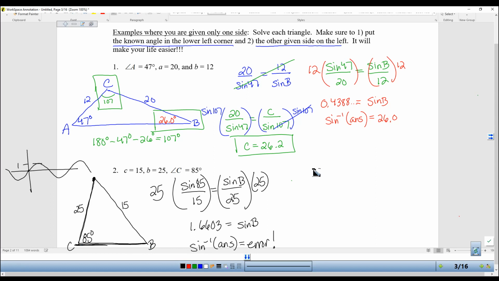I'll draw it even steeper. Remember, this is 90, so 85 is pretty close to 90, right? So if this is 25, no matter where else you go, it's going to be longer than 25, not shorter than 25. So this triangle is just an impossibility. There is no solution. Okay.